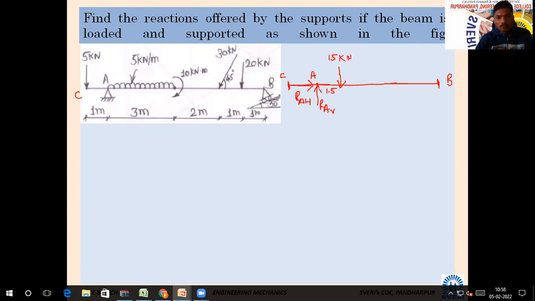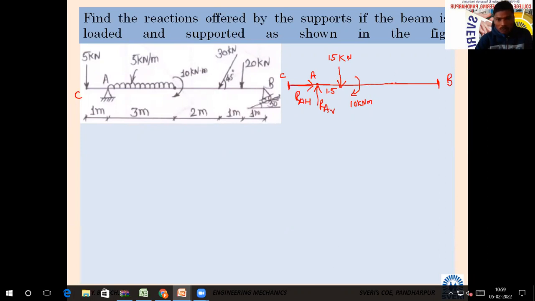Okay, that we have converted. What is this 10 kilonewton meter? It is a moment. Let us show it: 10 kilonewton meter.